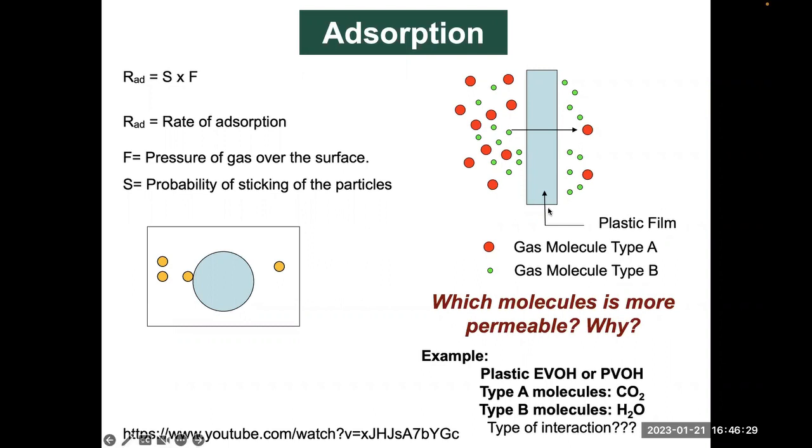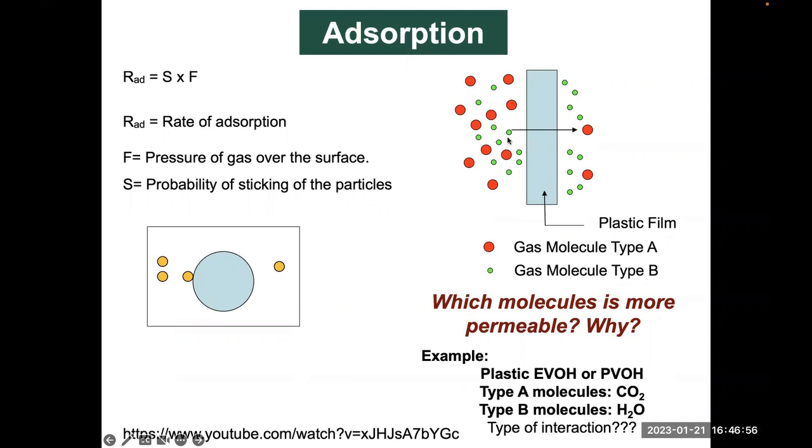So to understand this concept of competitiveness, you have a film here, right? Think like you have a plastic film here. This is the cross section of the plastic film. Now you have gas molecule A, you have gas molecule type B, right?